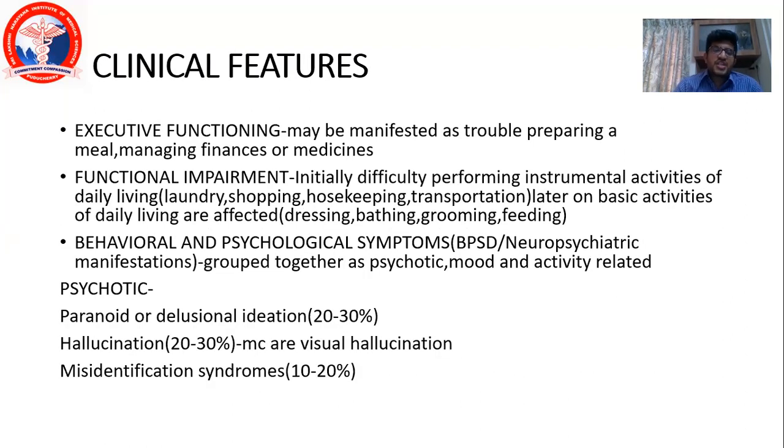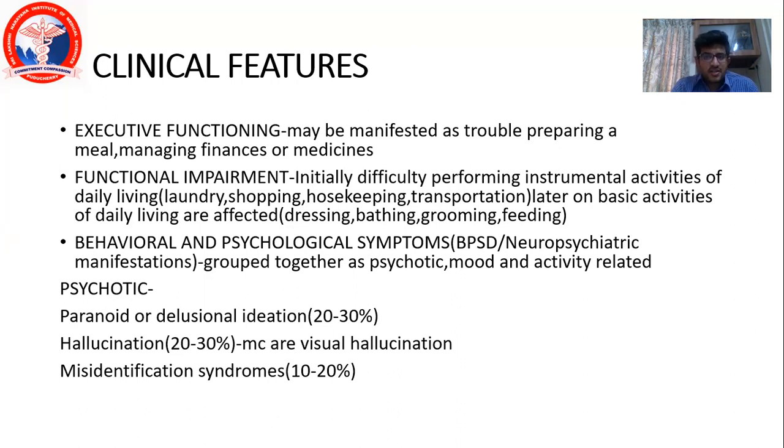Now executive functioning. Executive functioning is basically the functioning of the frontal lobe. It helps us to plan and program whatever is happening in our day-to-day life activities. There are a lot of executive functioning tests that we can use to detect this, like the Stroop test, set shifting test, Tower of London.